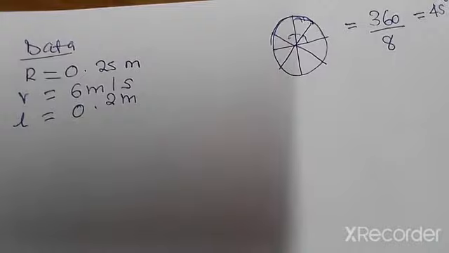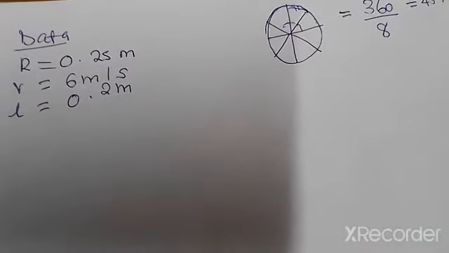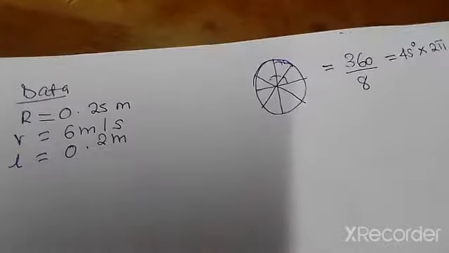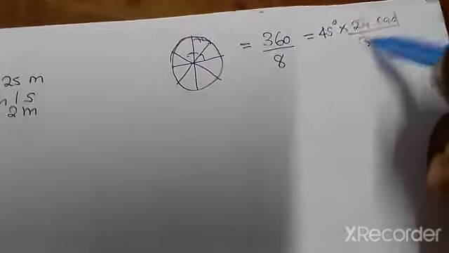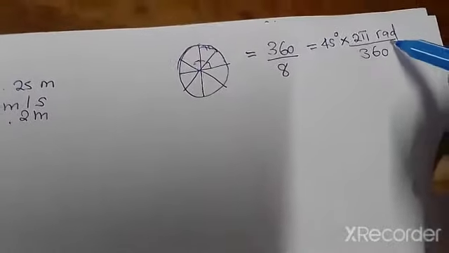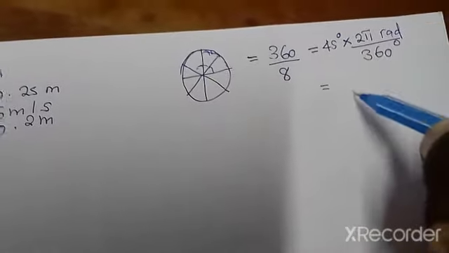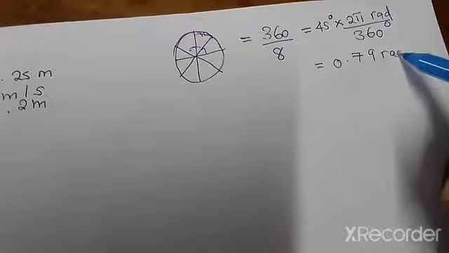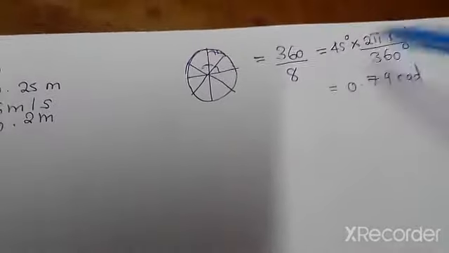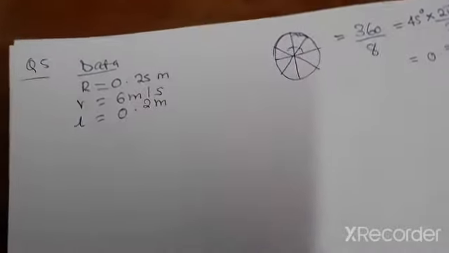Now, 45 degrees can be converted to radians by multiplying it by 2 pi radians divided by 360 degrees. That will give us 0.79 radians. So we have 45 degrees and we also have 0.79 radians.